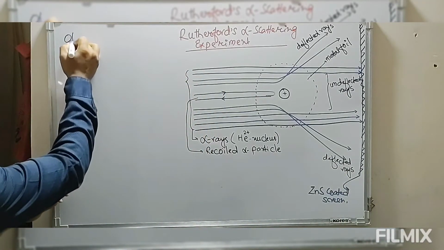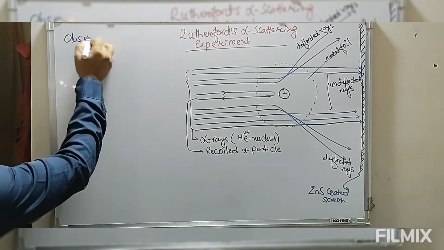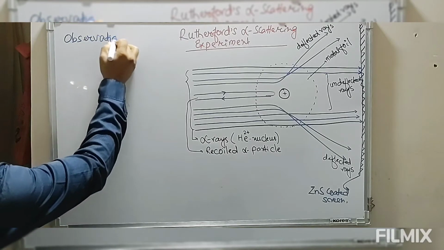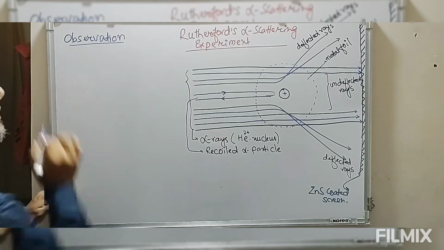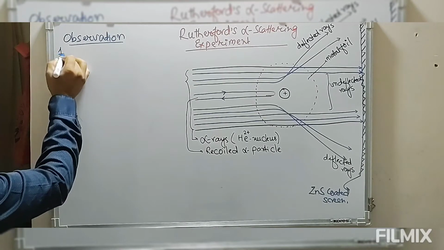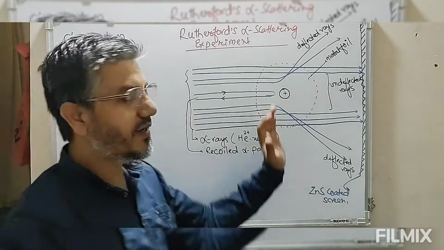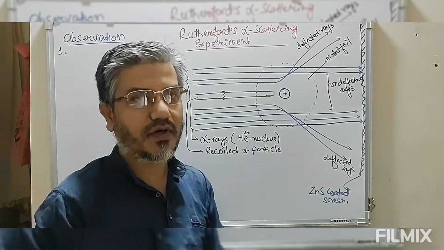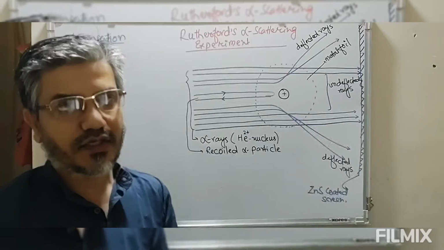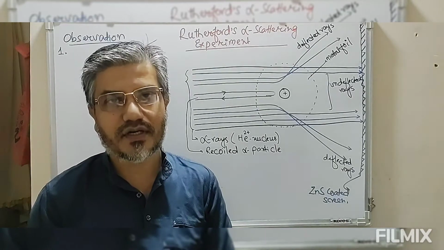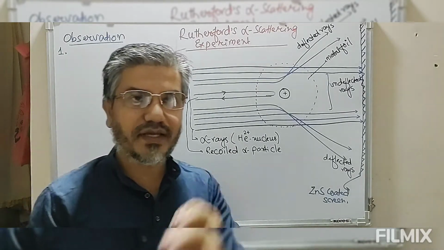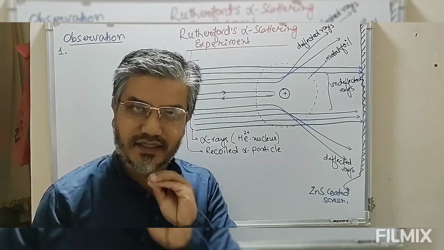From this we make the following observations, from this alpha particle experiment. The first observation is, when the thin metal foil is struck by alpha particles, he observed that most of the alpha particles pass through the metal foil without any deflection.